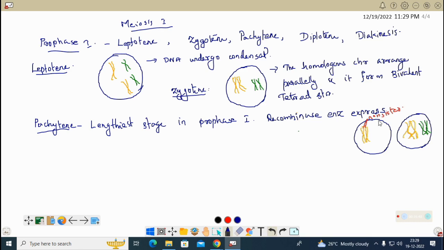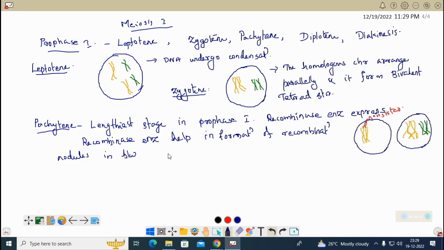So recombinase enzyme helps in the formation of recombination nodules between non-sister chromatids of homologous chromosomes.